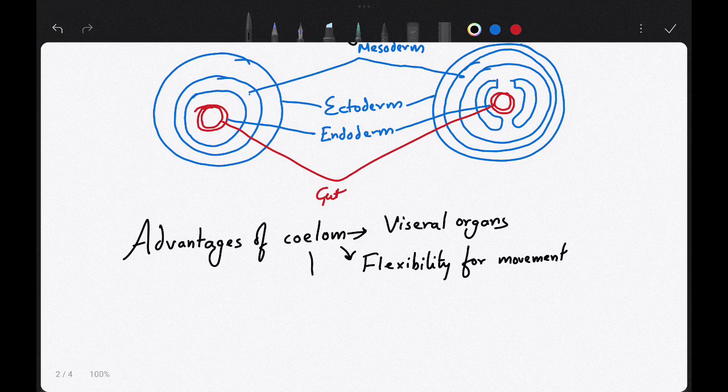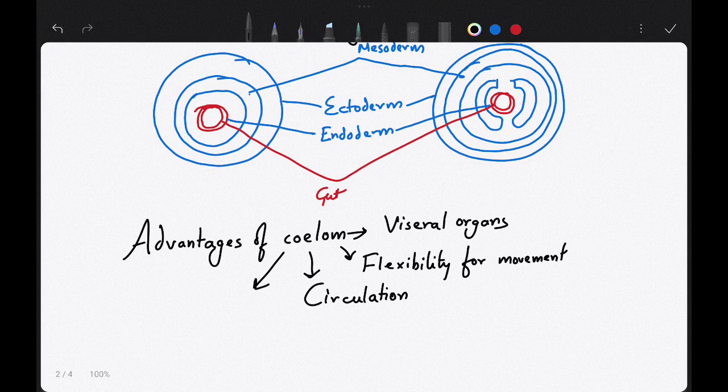Next, the transportation of various materials inside the body takes place through the coelom. Transport, or you can say circulation. Now the development of organs like gonads takes place in this part.